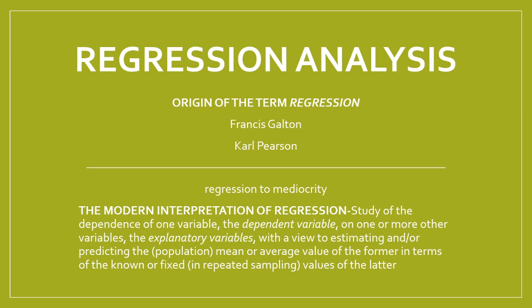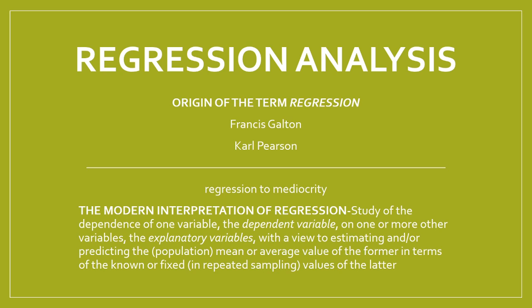Therefore, Galton used the term regression to mediocrity, that is, regression to the average or mean of the population. This is the interpretation given by Galton, and this is the base of regression analysis. That is, if we take two variables, there is a tendency for the relationship between these two variables to move towards the average of the total population or total sample.